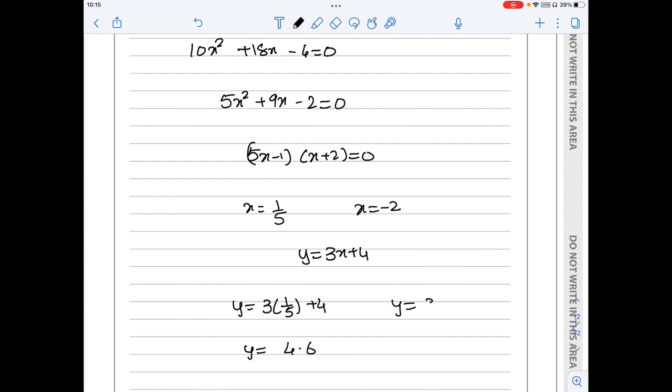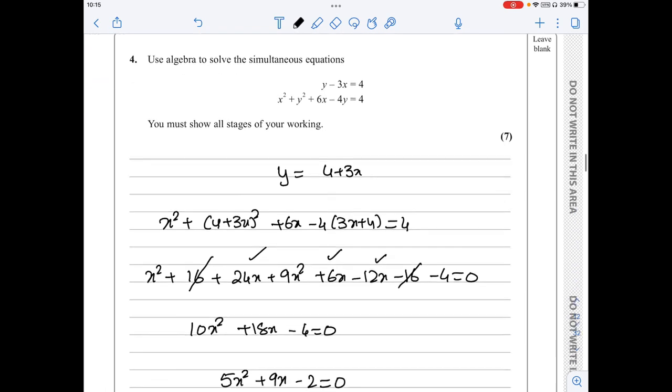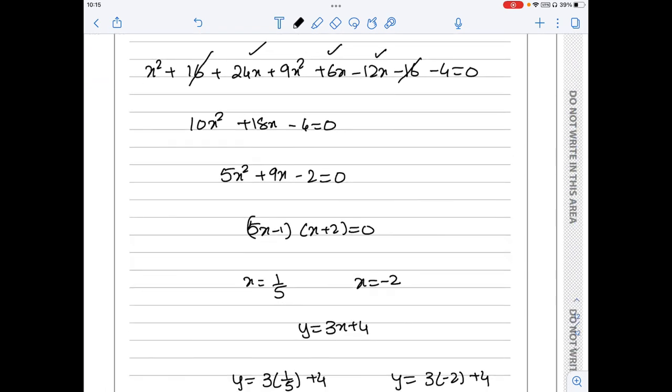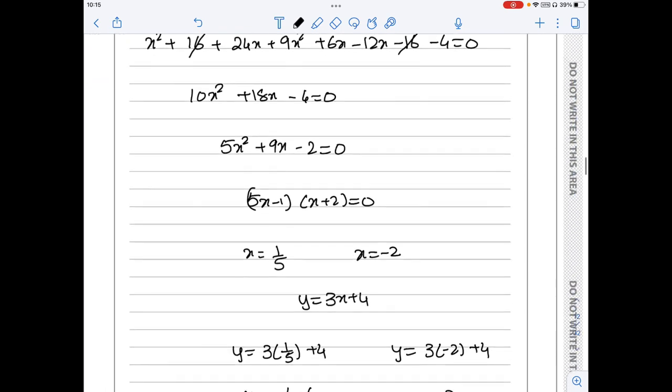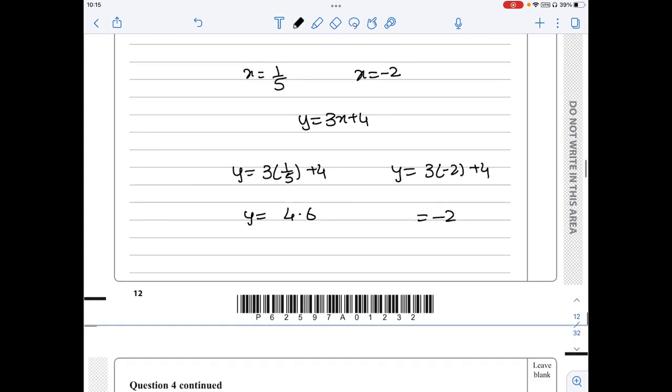Or y equals 3 times minus 2 plus 4, which is negative 2. So those are the values of x and y. The final answer is (1 upon 5, 4.6) and (negative 2, negative 2).